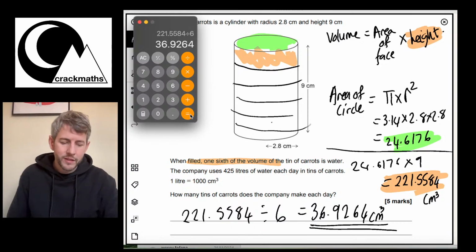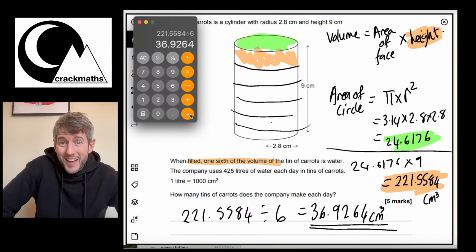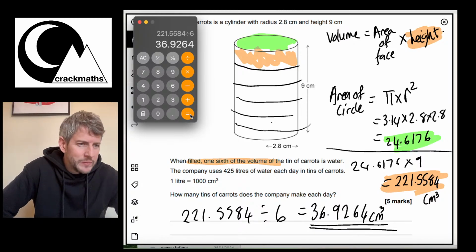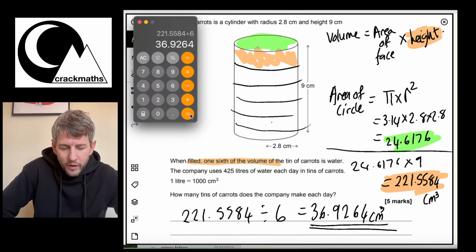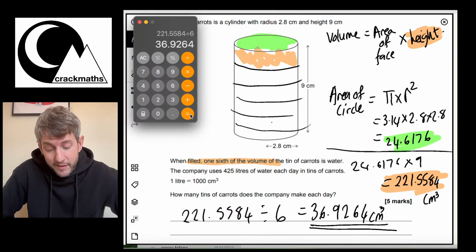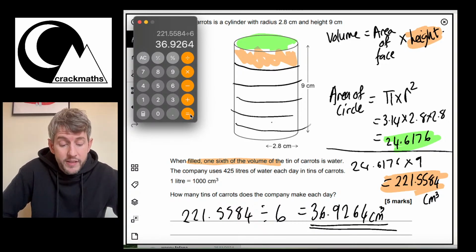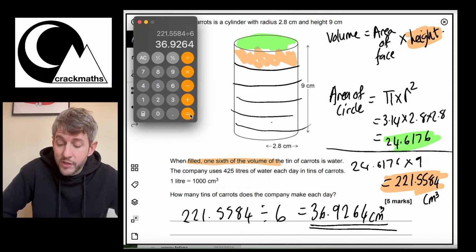Okay, so we're about halfway through this question now. So we know that 1/6 of the volume of this tin is 36.9264 centimetres cubed.